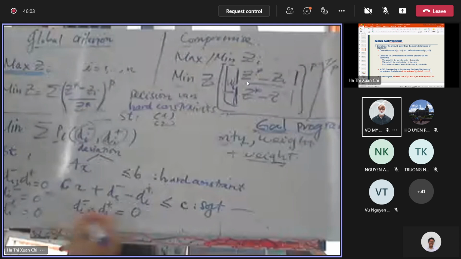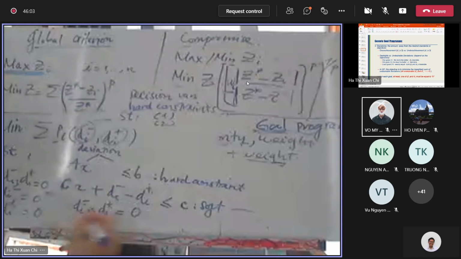Find a good balance among the objectives. So weighted is the non-preemptive goal programming. So we have 3 types.